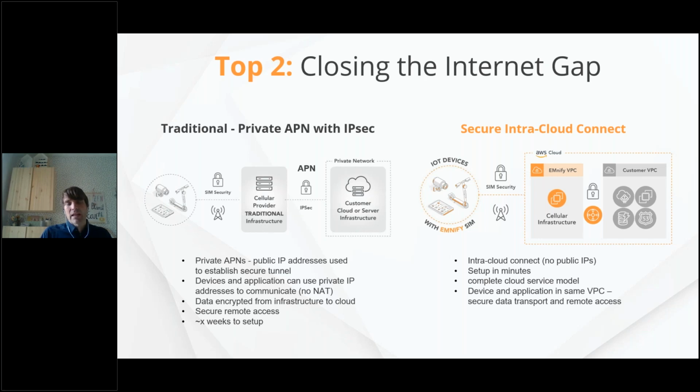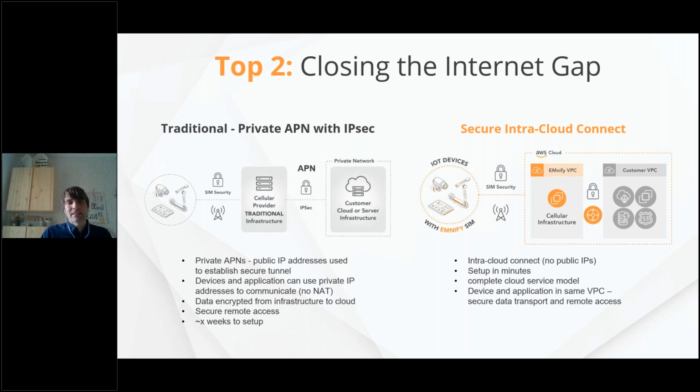Through the secure tunnel, all the data is encrypted, and you also have data exchange in both directions, not only from the devices to the infrastructure, but also from the infrastructure to the device. Usually this private APN setup, with traditional operators, is bound to static IP addresses. So if you want static IP addresses, you need a private APN.